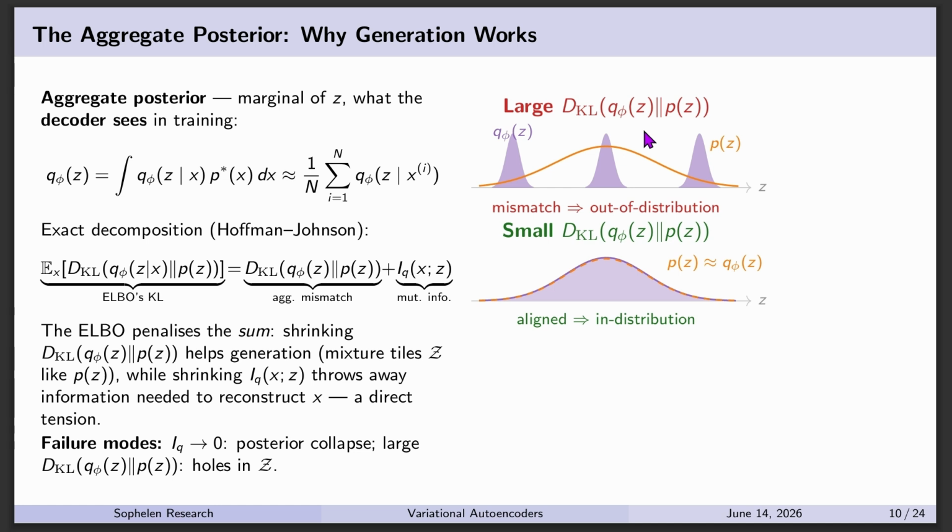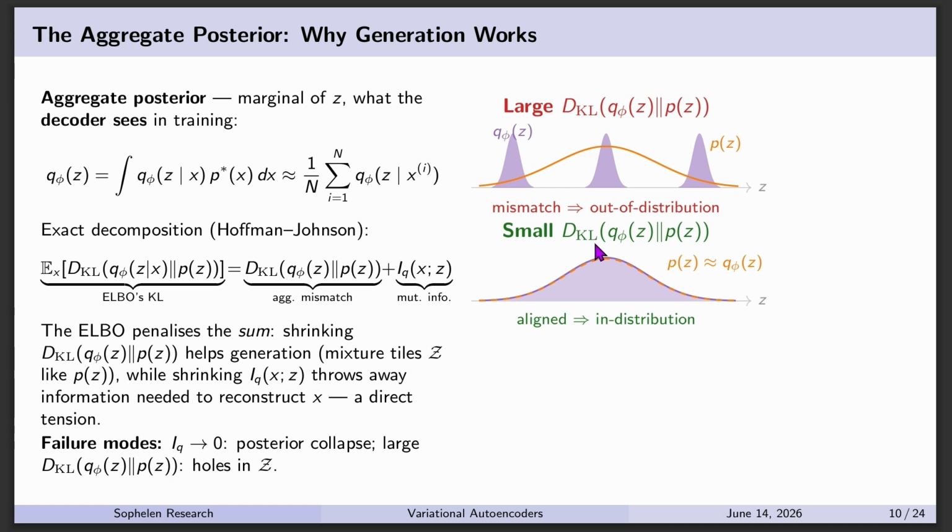If we want to draw from P of Z and get an actual image, then these distributions should be extremely similar. So we need to train so that this distribution matches up with this distribution.